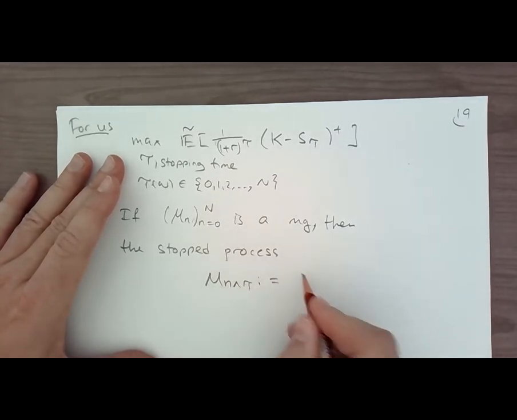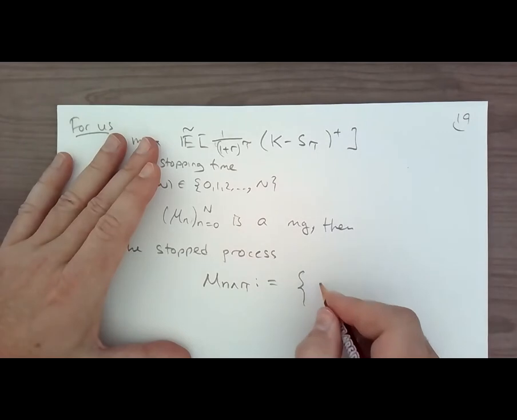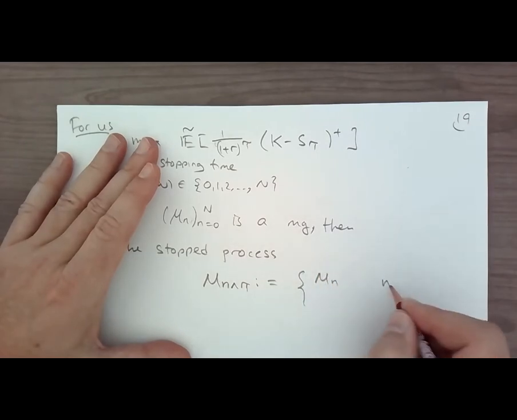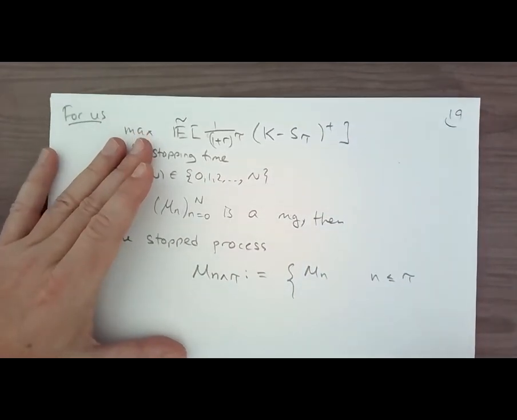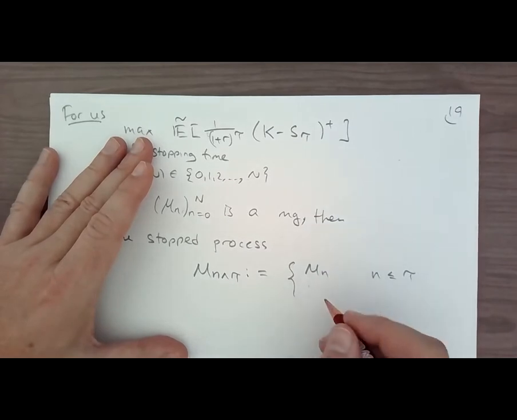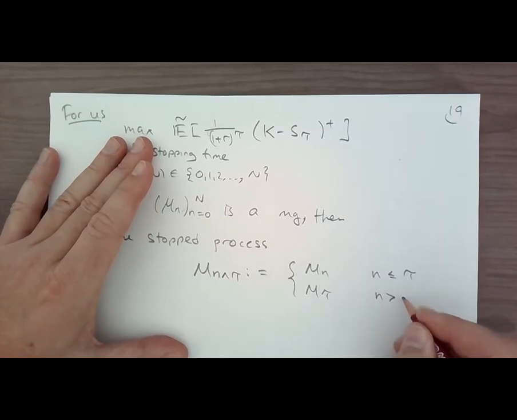I'm going to define what that is. This here is equal to M_n when n is less than or equal to tau, and M_tau when n is bigger than tau.